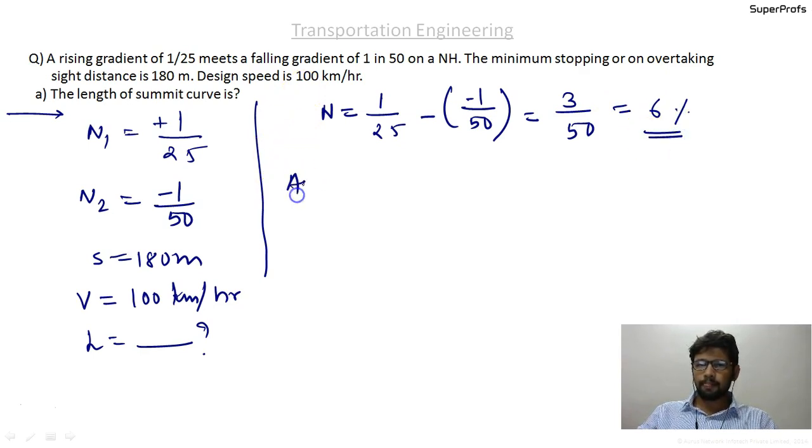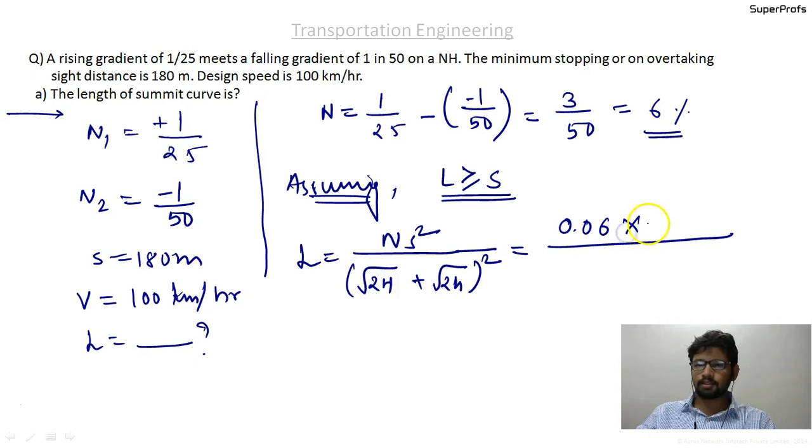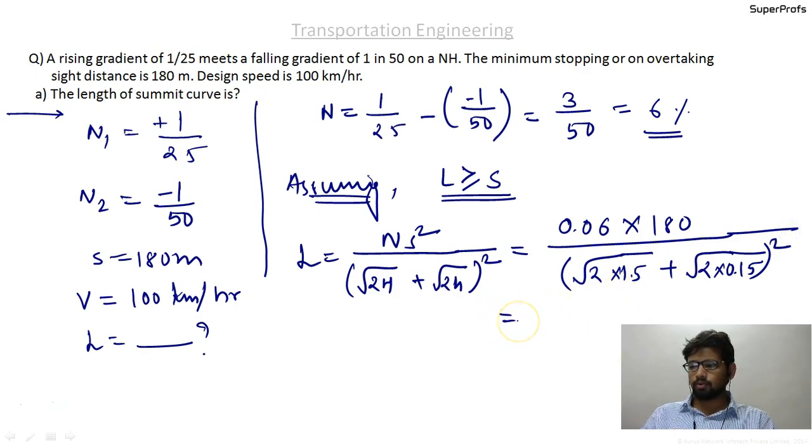We will find out the length now. Assuming the length of the summit curve is greater than the S value, the sight distance, we have L equal to n s squared upon (under root of 2H plus under root of 2 small h) whole squared, which will be equal to 0.06 into 180 squared upon (under root of 2 into 1.5 plus under root of 2 into 0.15) whole squared, which is 442.18 meters.